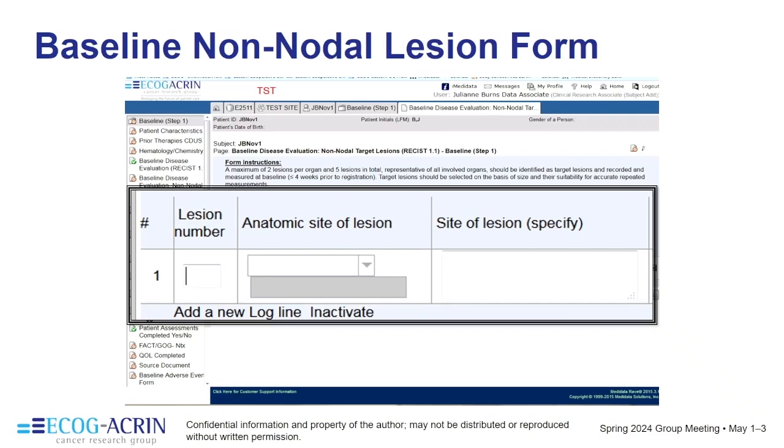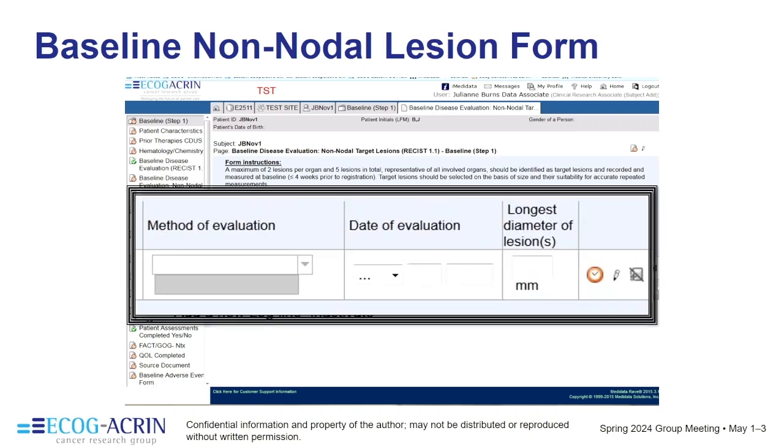So on this form, we're going to ask for a lesion number, an anatomic site of the lesion, and a site of lesion specify. Then the method of evaluation, the date of evaluation, and the longest diameter. Once again, this is the baseline lesion form, so please make sure you're reporting the baseline scan, which is in that expected eligibility window. A patient may have multiple scans, but please make sure this is specifically the baseline scan.